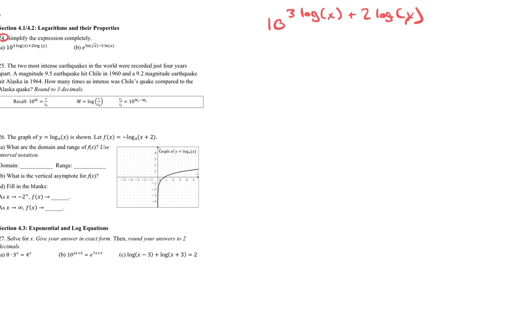So if we start working on this, the first thing we see is that we can bring these exponents inside of here. So this is going to be log of x cubed plus log of y squared. So now if we have 2 logs that are added, we can say that that's log of x cubed times y squared.